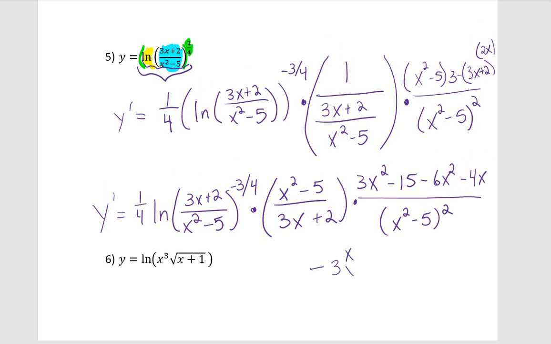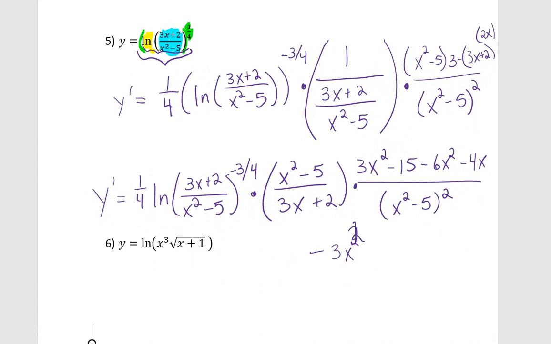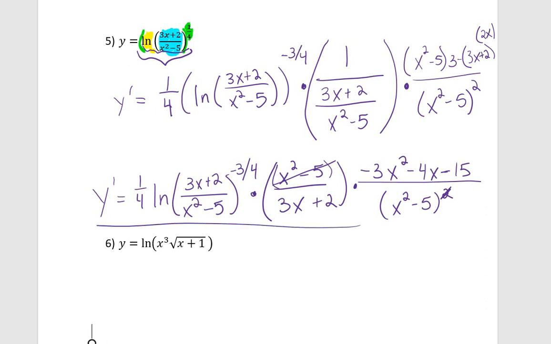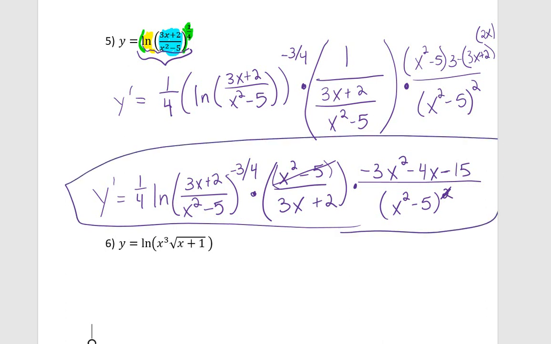That would be negative 3x squared minus 4x minus 15. Okay. Alright, so that top part isn't going to factor, but what I do know is that this piece and this piece, I can cancel one of those out. Okay, good. So that simplifies into this piece, which still doesn't look very nice, but hey, we did a great job.